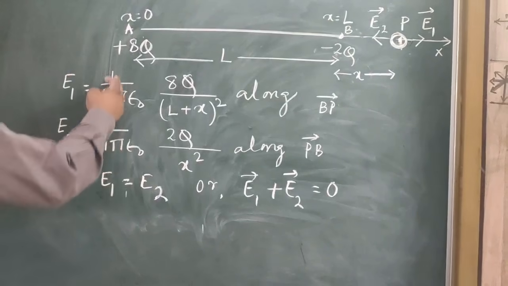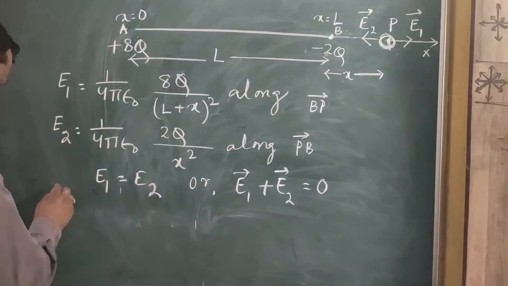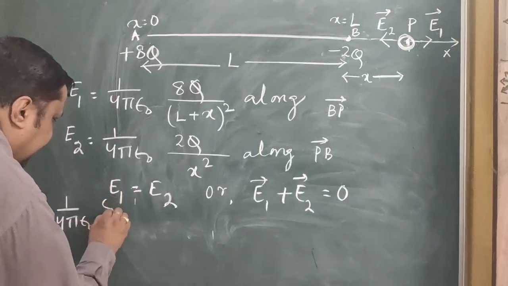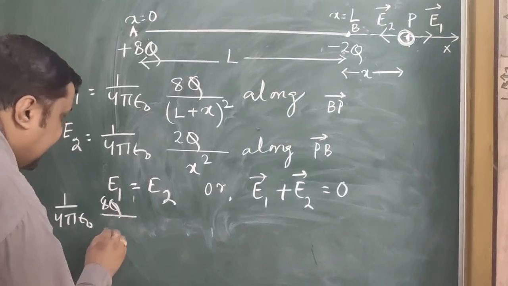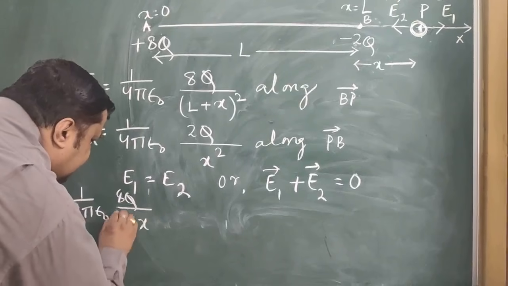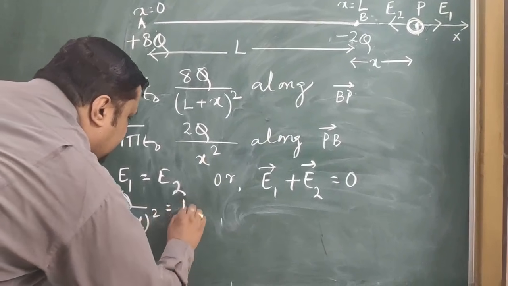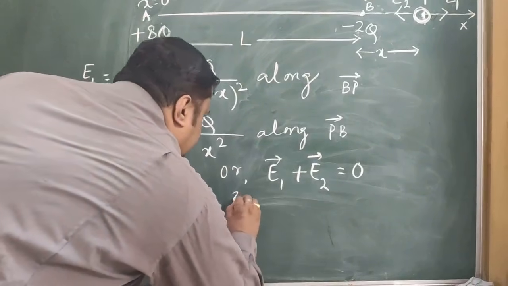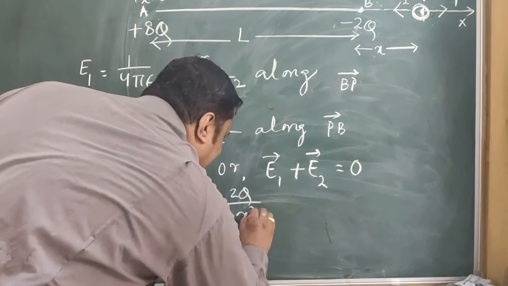By doing this, E1 is equal to E2: 1 by 4 pi epsilon naught, 8q by L plus x whole square, should be equal to 1 by 4 pi epsilon naught, 2q by x square.